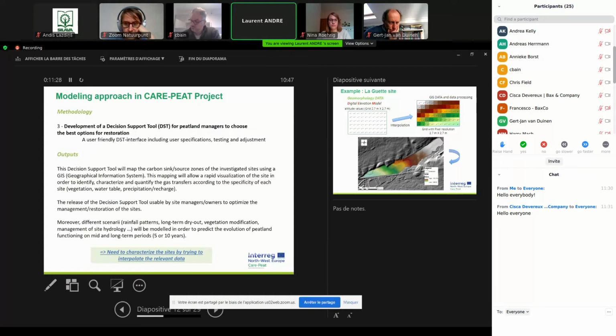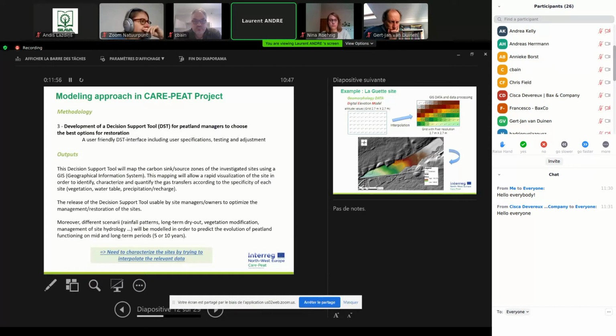And the idea then is to give this tool to the manager to optimize their site, for example, by proposing some scenarios. For example, we can simulate some long term dry out. We can simulate some modification of vegetation just to see if these changes have an impact on the carbon fluxes.